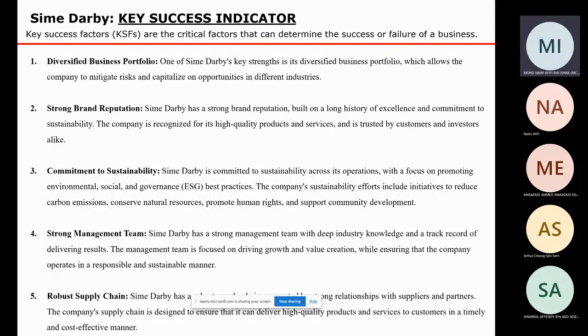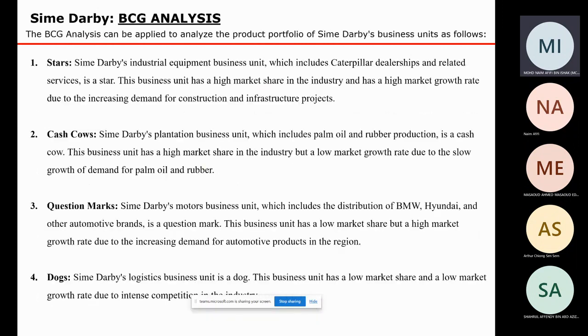Number four is they have a very strong management team, very knowledgeable and strong in every area. They have a good board of directors from different groups and different backgrounds. And number five, supply chains. They have a very established supply chain that can handle very good quality of services.